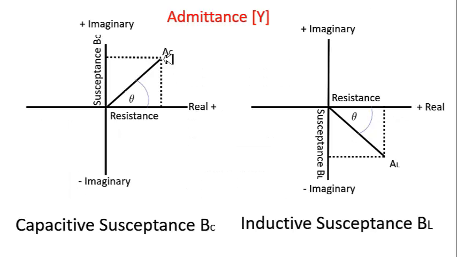So getting back to this picture about capacitive susceptance and inductive susceptance, we see that now the capacitive susceptance is in the real positive, imaginary positive quadrant, and the inductive susceptance is in the complex conjugate quadrant of the complex plane.